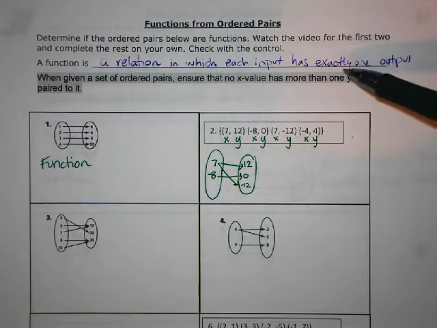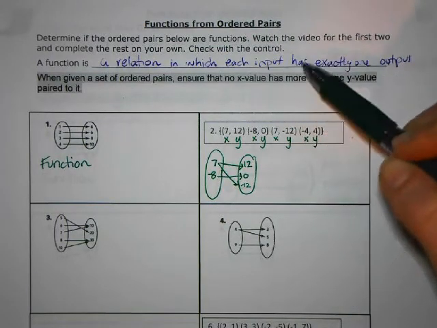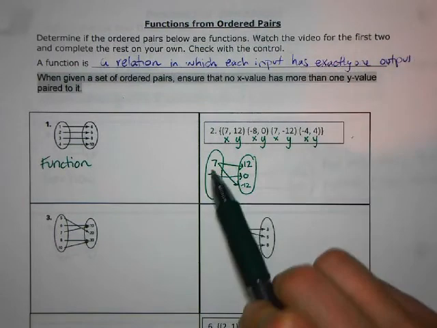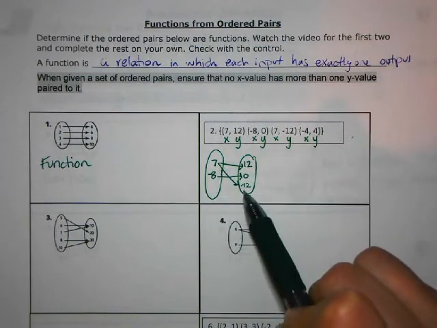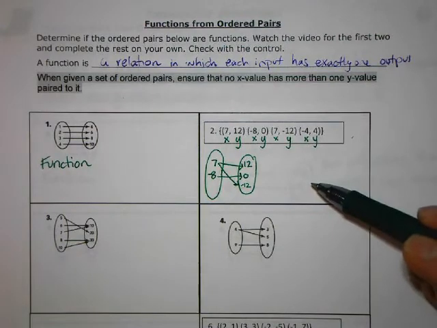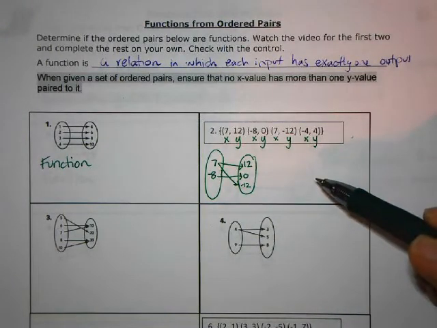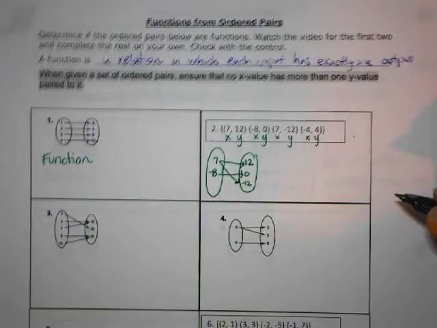If we go back to our definition of a function, it's that each input has exactly one output. Well, this input has 2 outputs. So this is not a function. And in this work, when you determine that it's not a function, you need to explain why.